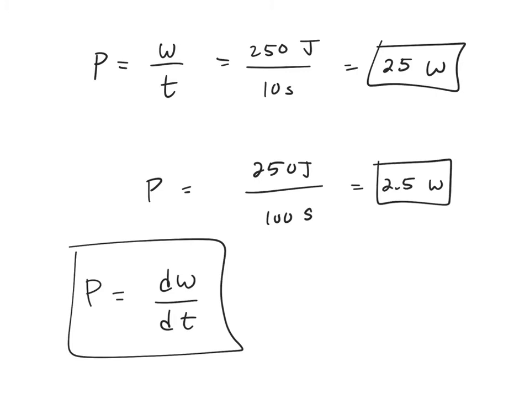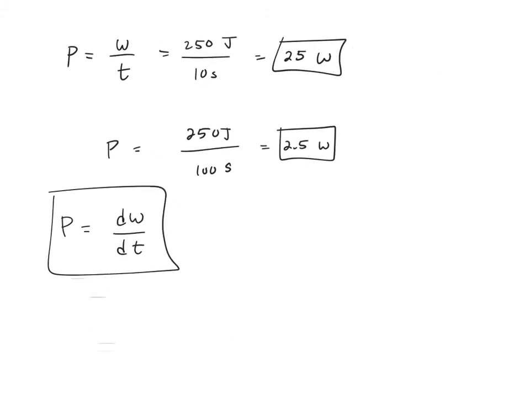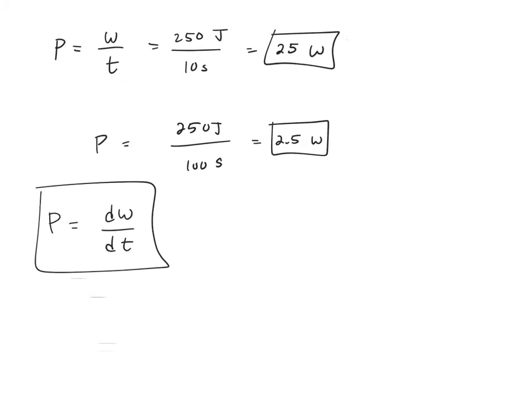Now, luckily enough for us, we can also derive the second part of it, and it's pretty easy to derive. We think of power and dW, the derivative of work. Work is really F cosine theta times d. But if I'm looking at the derivative, I just put a dx instead. And instead of this being over time, I think of this as dt.